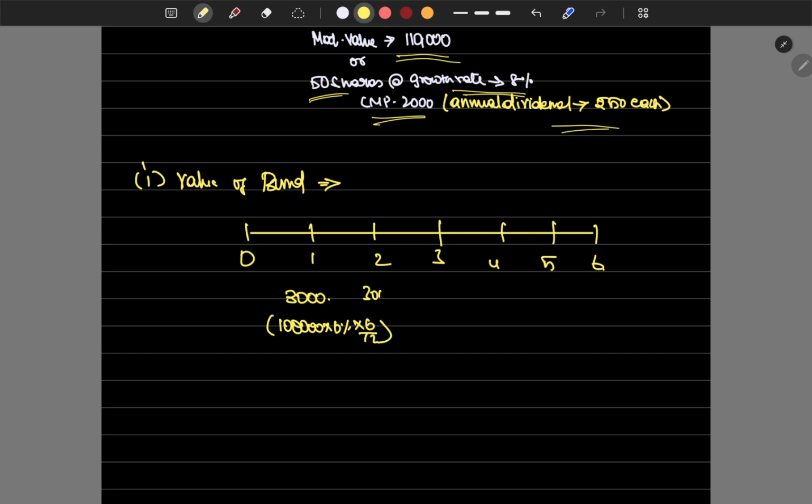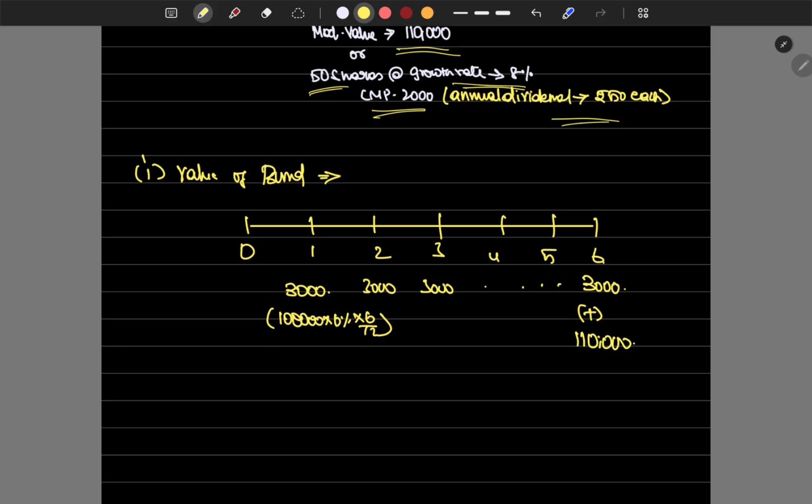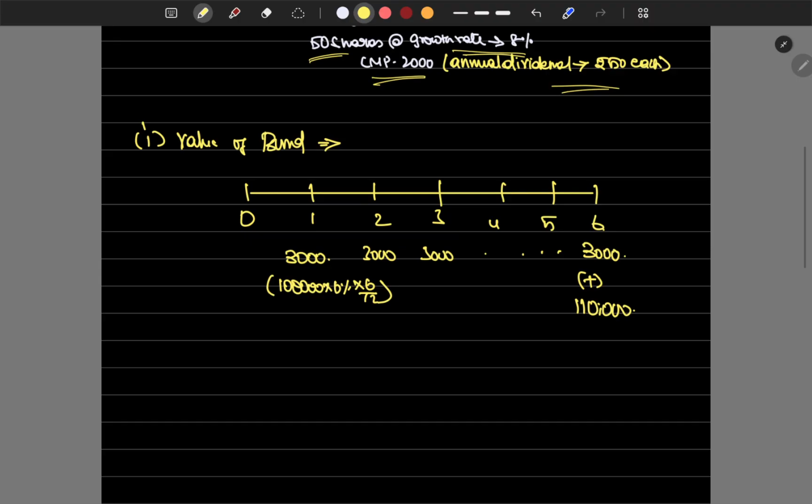We receive 3,000 for all the semi-annual periods, and at the maturity period we will receive the interest amount of 3,000. Also we will get 1,10,000 if we redeem the bond at a premium.